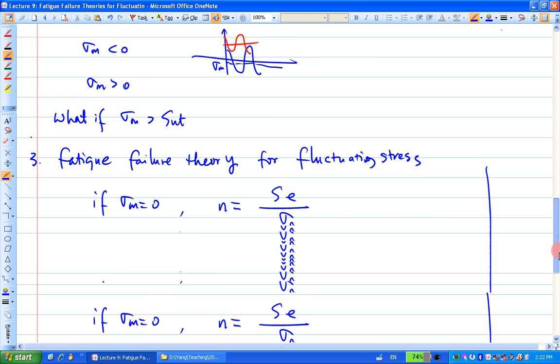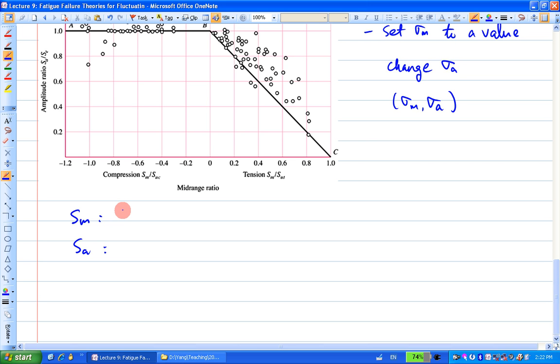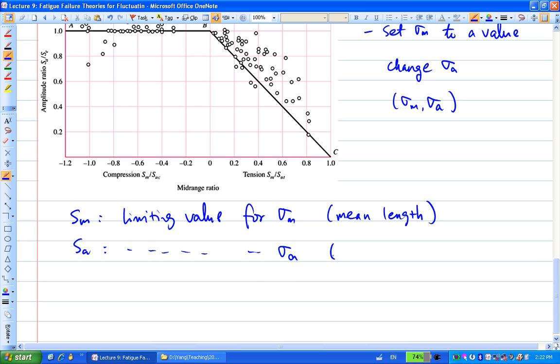Now looking at this curve, S_M is called the limiting value for sigma m, and this is the limiting value for sigma A. Sigma m is the mean value, more precisely the mean strength. And sigma a is the alternating component, the amplitude.